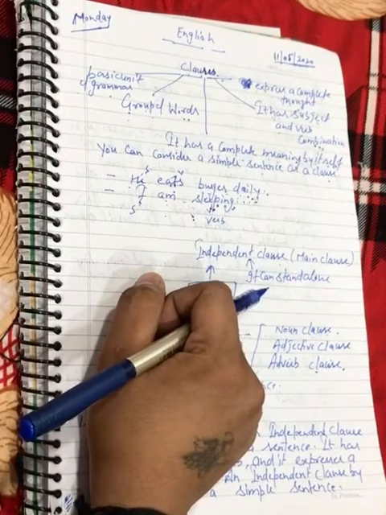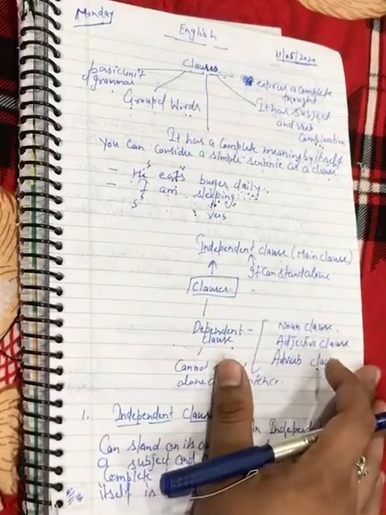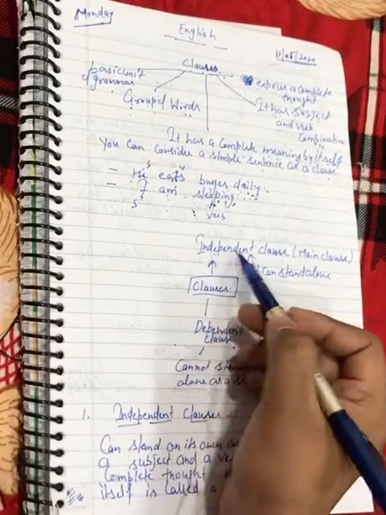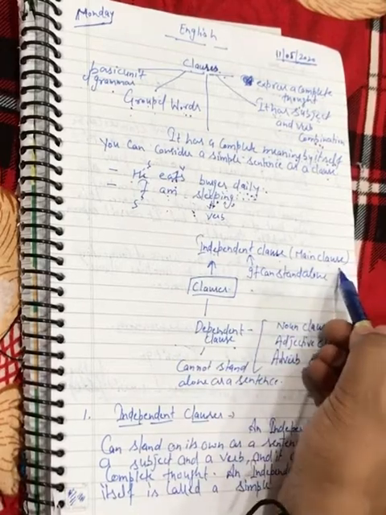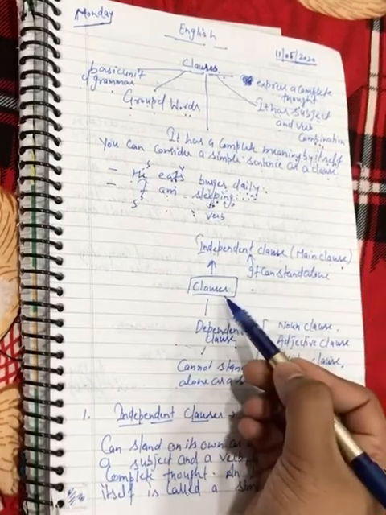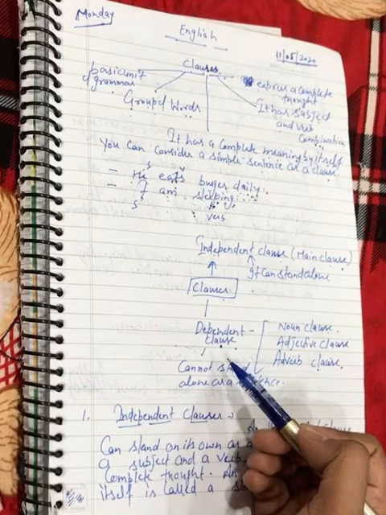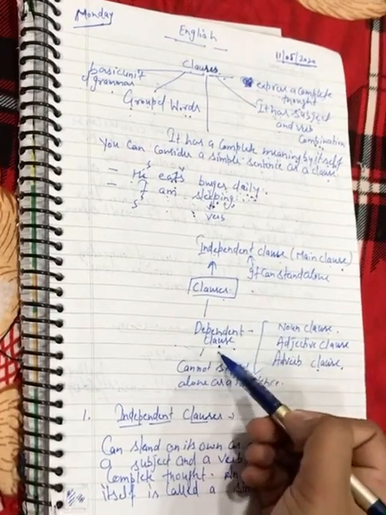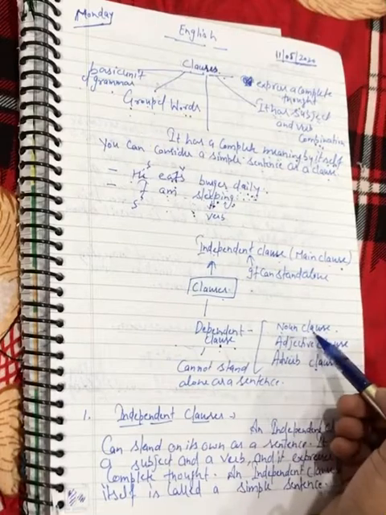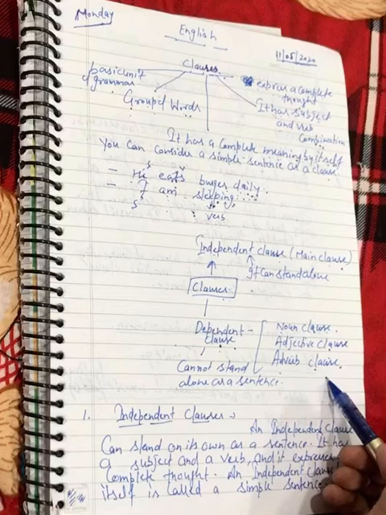Here there are two types of clauses. Number one is the independent clause or main clause, and the second one is the dependent clause or subordinate clause. In dependent clauses we have the noun clause, the adjective clause, and the third one is the adverb clause.